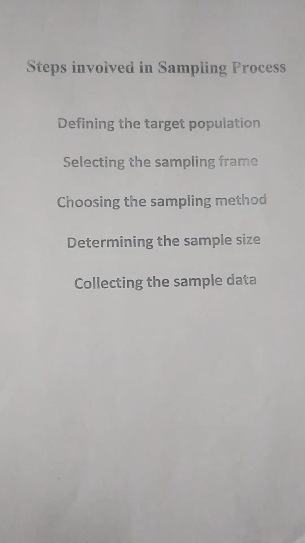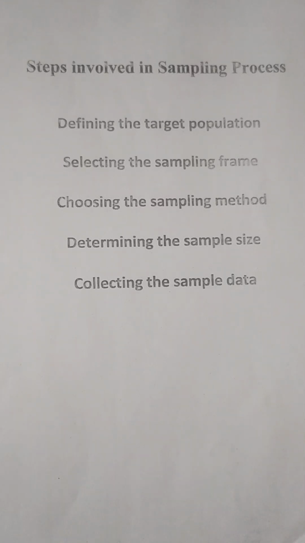Next is selecting the sampling frame. This is actually a section of the target population that is accessible, usually a list with contact information. Now you have to remember the difference between the target population and the sampling frame, and that is the population is general and the frame is specific.